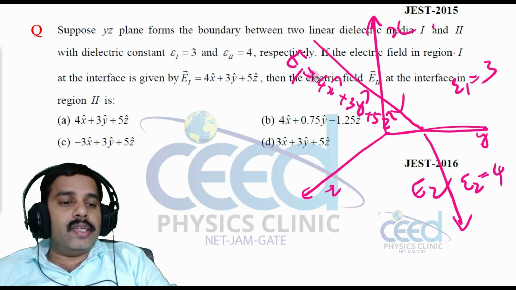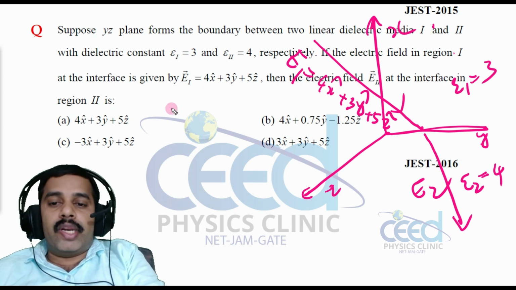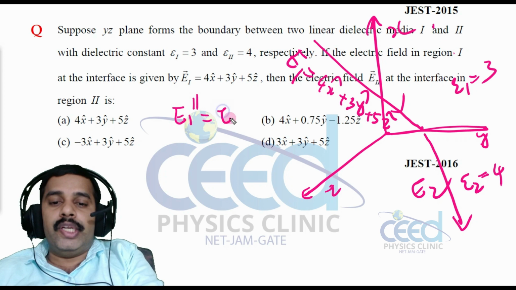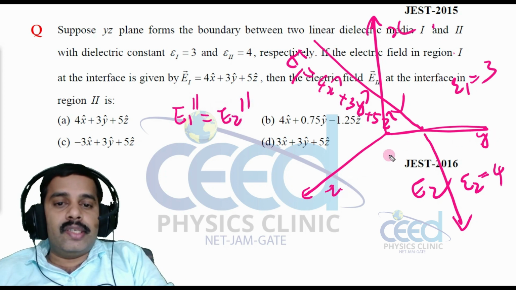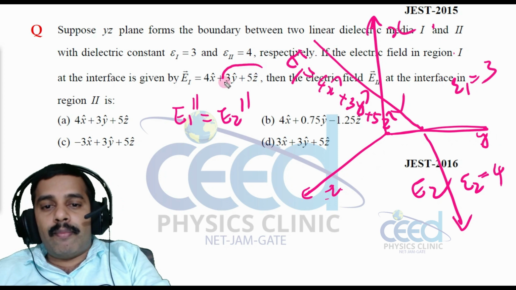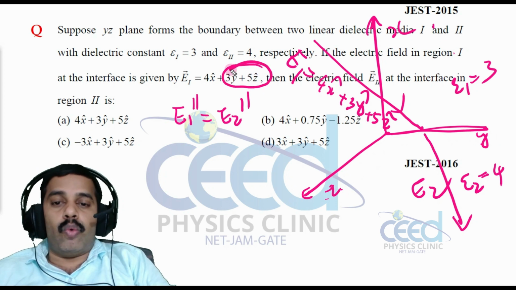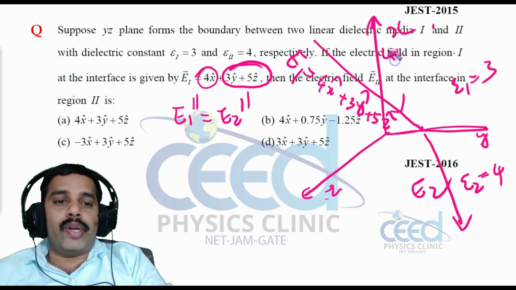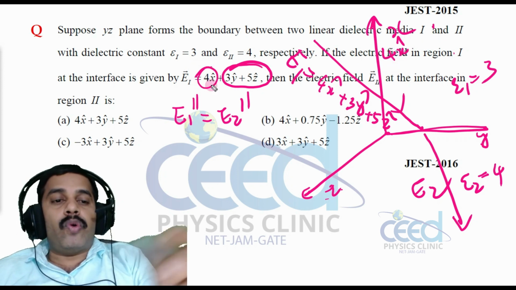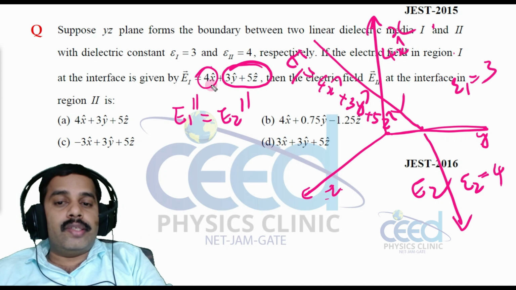For this we already know the boundary condition. We have already studied E1 parallel is equal to E2 parallel, right? The parallel components are in the YZ plane, so these components are not going to change. Only the perpendicular component, 4x cap, is going to change. How can I calculate this 4x cap?